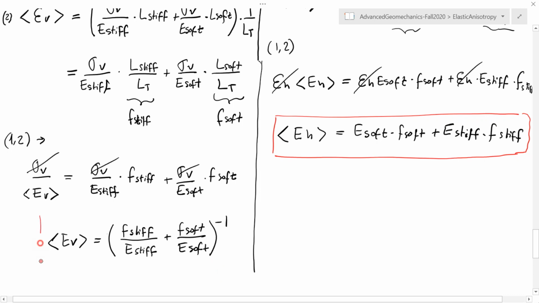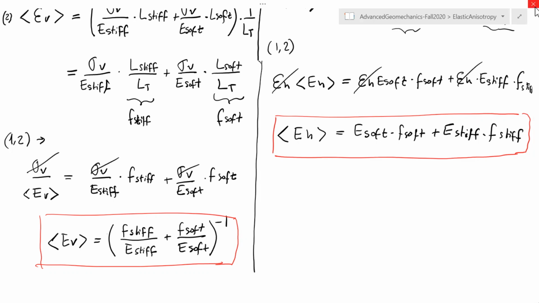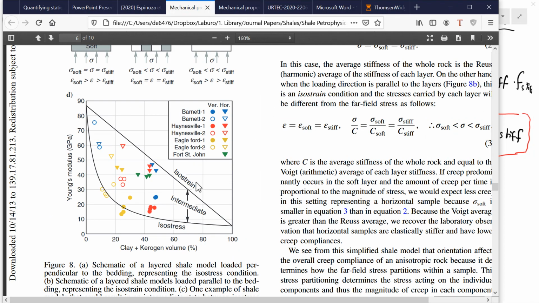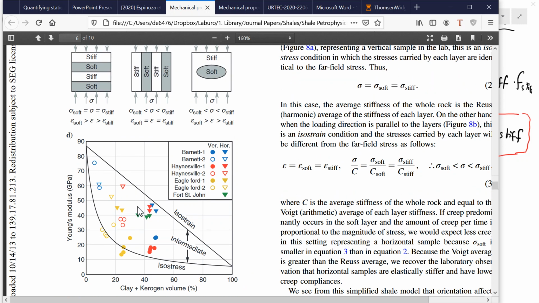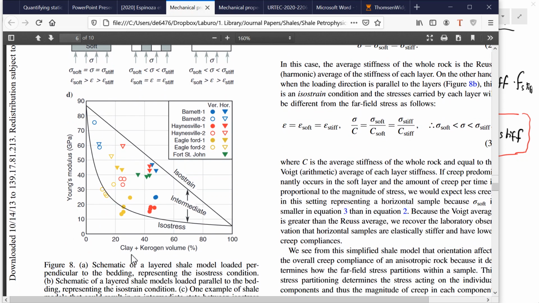And the solution for that is what we see in this plot over here. This is the Isostrain equation, the equation of a line, and it predicts the Young modulus in horizontal direction, so that it decreases as a linear function of the increasing fraction of the soft part.